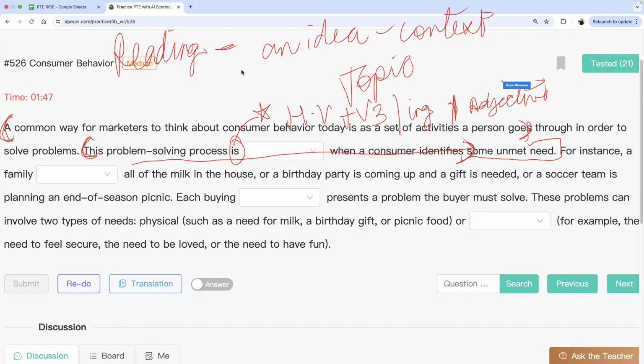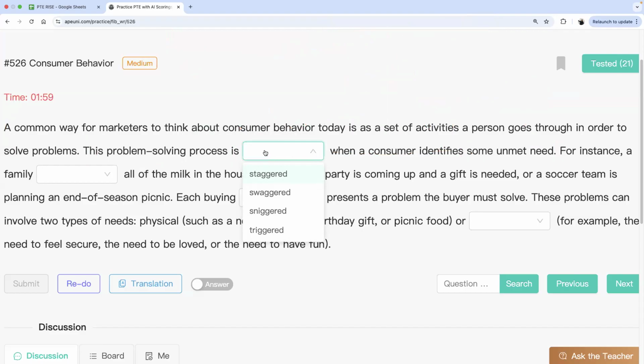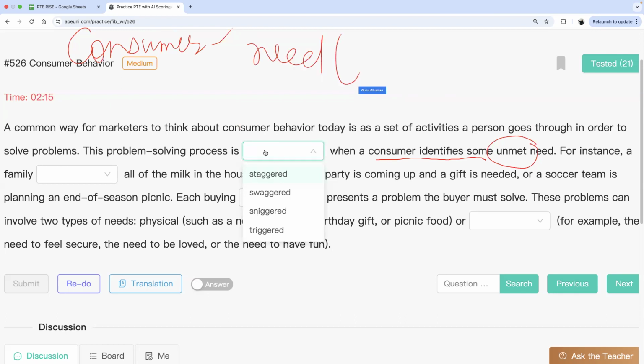Okay. So let's see what they want to say. So of course, the grammar is cancelled. All of them are third form of verb. Fair enough. So now we have to see: the problem solving process is dash when a consumer identifies an unmet need. You tell me, a consumer is there. He had a need and it is unmet. Unmet means, you know that needs are always met, like fulfilled.